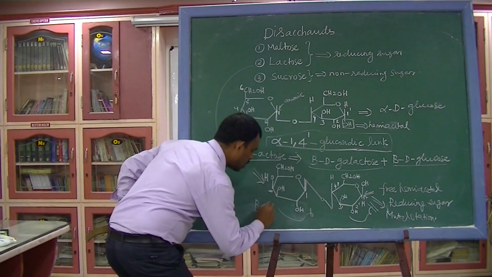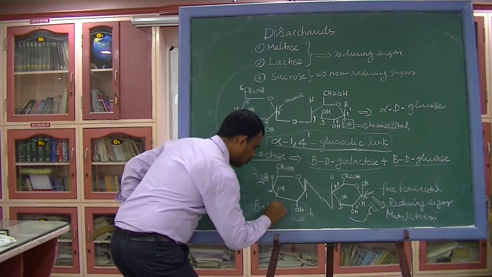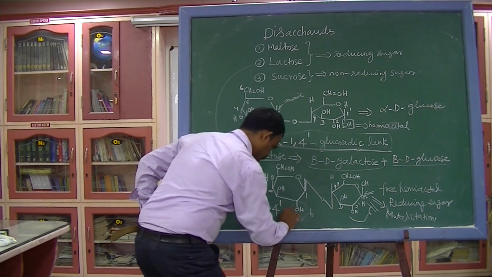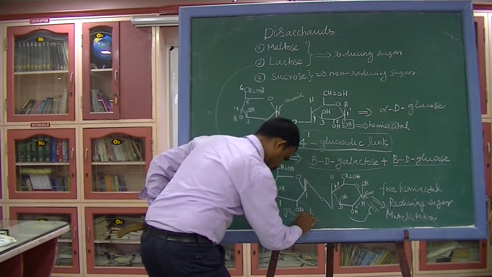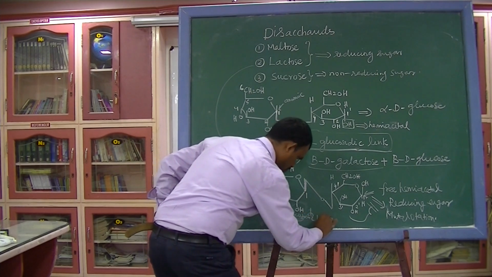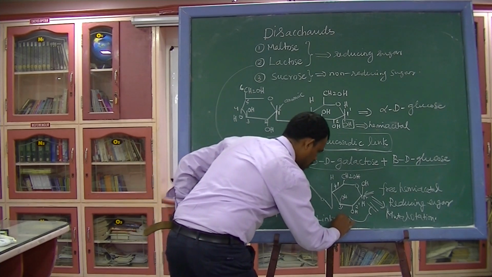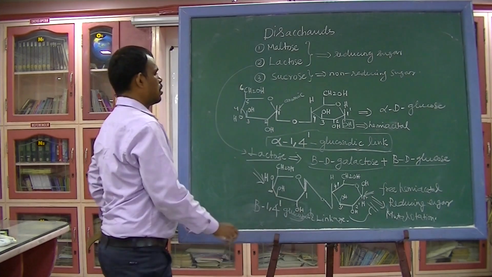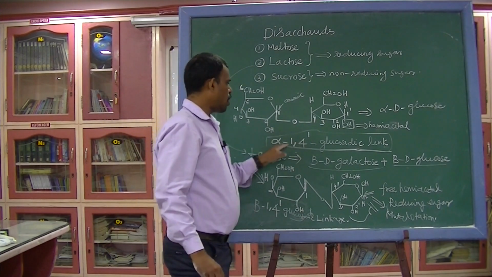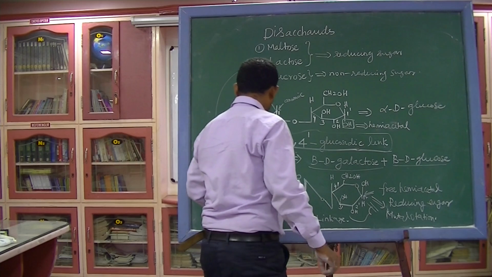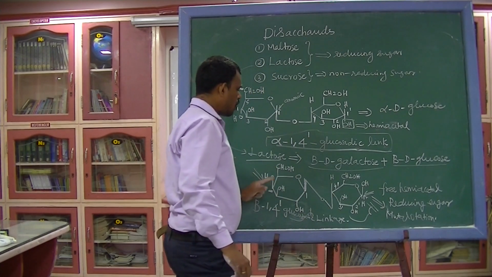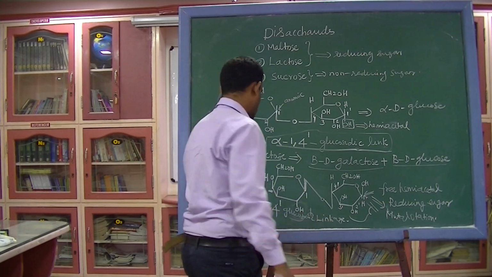So it is a beta 1,4 prime glycosidic linkage. In maltose it is an alpha 1,4 glycosidic linkage, whereas in lactose it is a beta 1,4 glycosidic linkage.